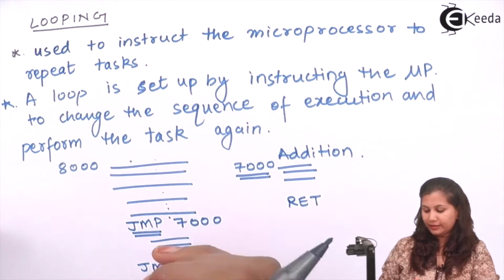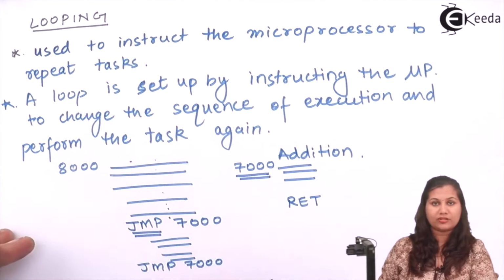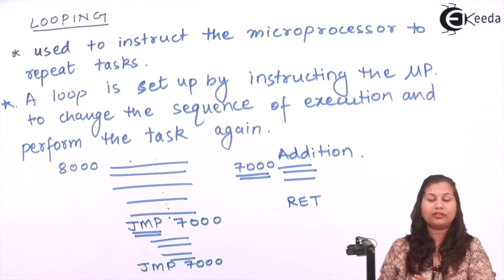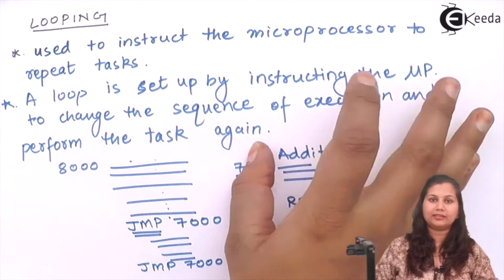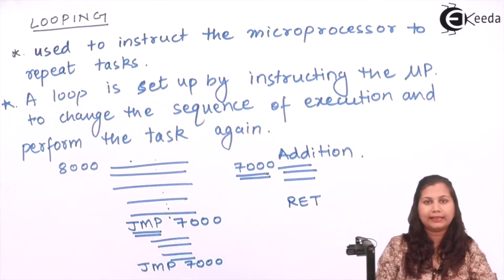If we wrote those 10 lines again and again, it would require a large space in the memory, and if we write them at the other location, it will require less space.